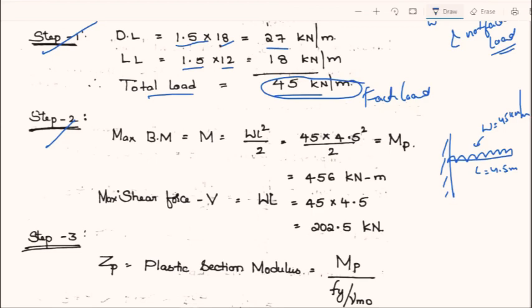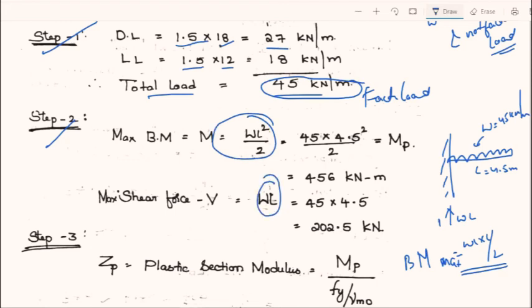Of course, you know the reaction at this section is WL, and the bending moment would be WL into L by 2. This is the maximum bending moment. So same expressions I have used here. By substituting the values, you can get the maximum bending moment and shear force V. As I told you earlier, this maximum bending moment M is nothing but plastic moment MP.